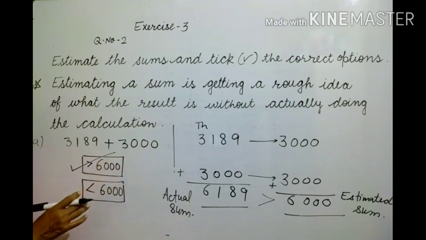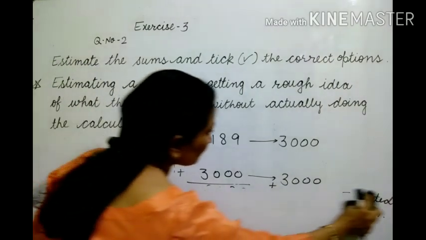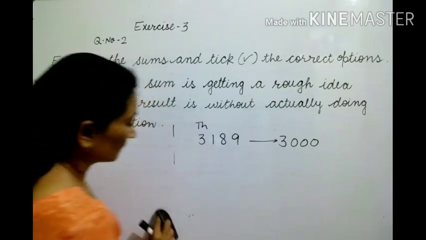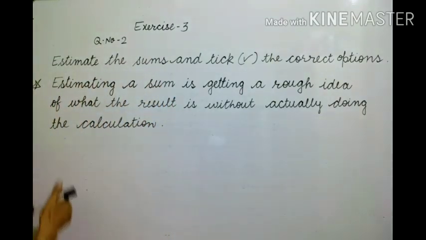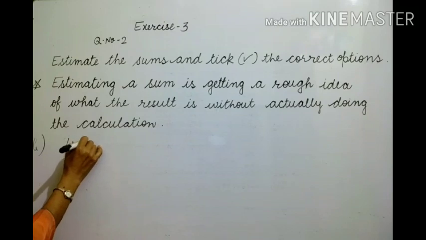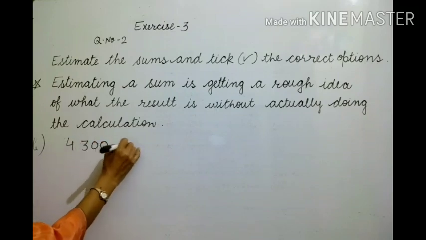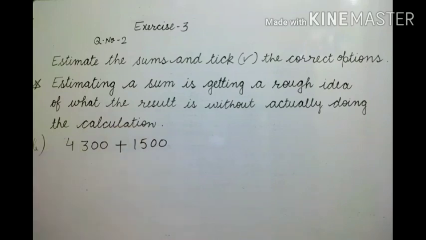Hope you understand. Let's take the B part of the same type. We have two numbers, 4300 plus 1500.